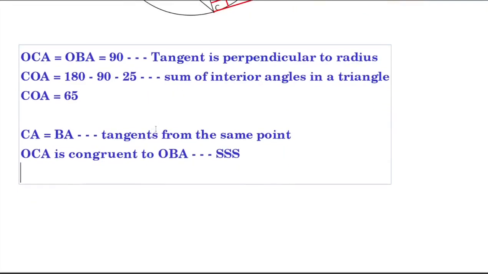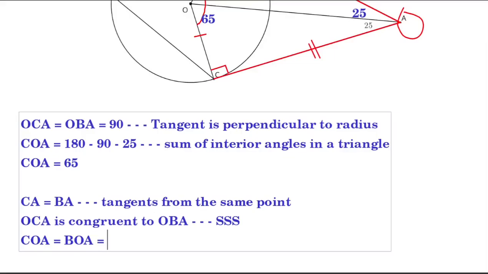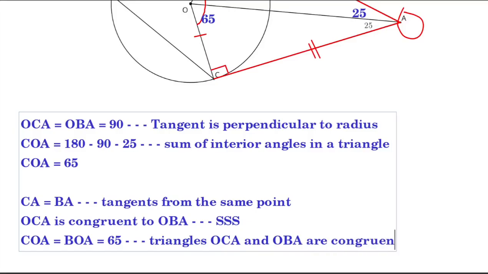COA is equals to BOA equals to 65 degrees. What's the reason for this one? Triangles OCA and OBA are congruent.